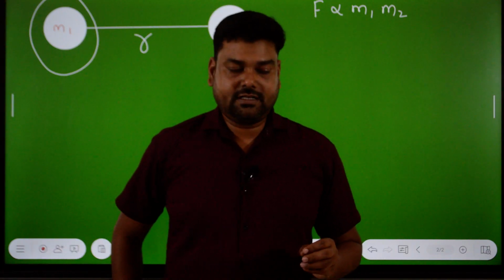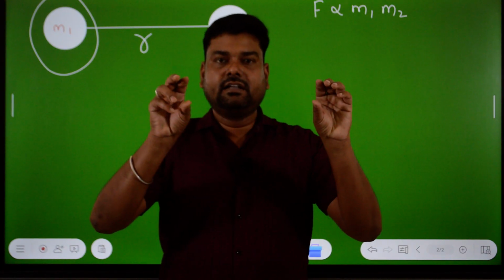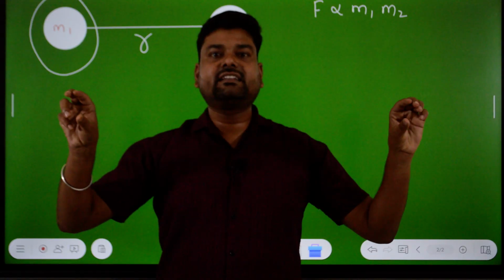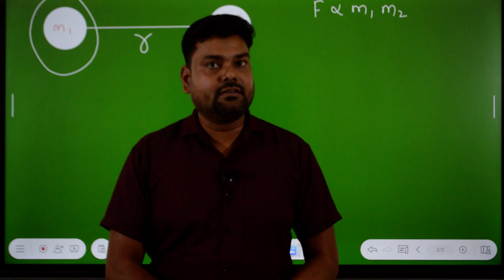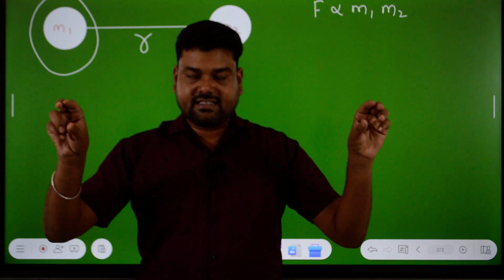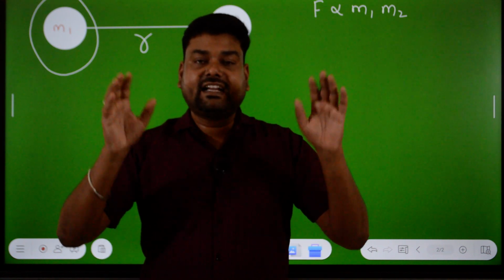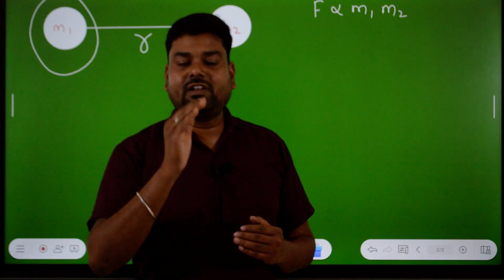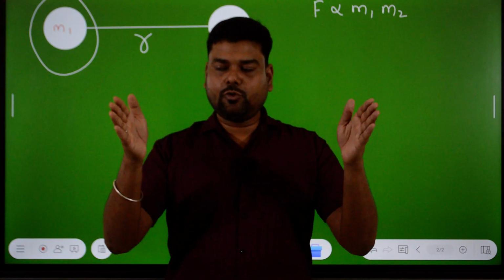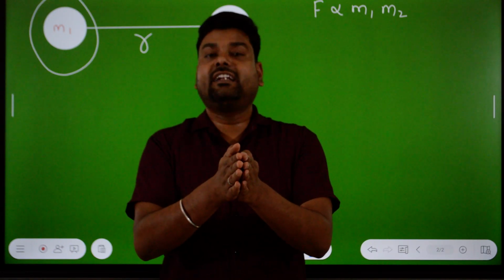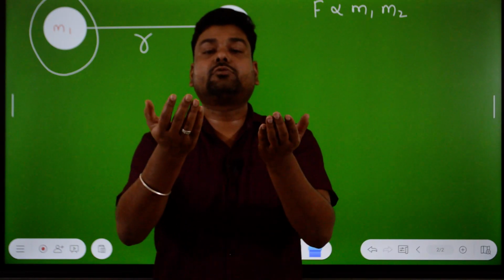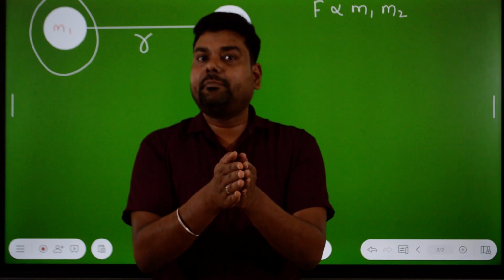Going to the next part, again the two masses, this time we are increasing the distance. As we are increasing the distance, what's going to happen? Here, as the distance is increasing, the force will decrease. But why? If you remember, I have two magnets and I bring them closer, all of a sudden they hit each other because the force increases to the level that it can even pull the magnet.